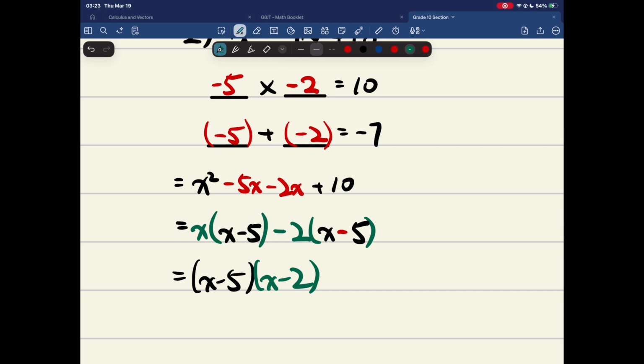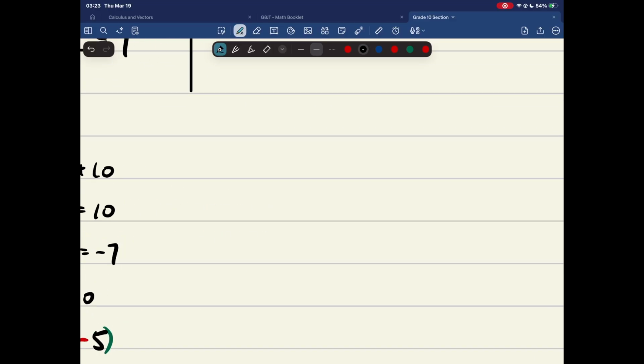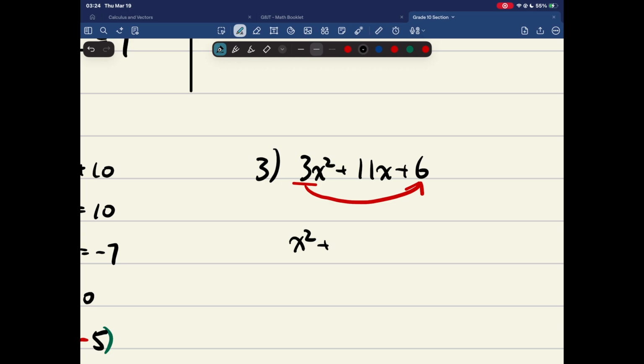And I'll do the last question. So the question is 3x squared plus 11x plus 6. If we're doing the AC method, we bring the 3 back to the C term, so we'll have x squared plus 11x, and 6 times 3 is 18, so plus 18.